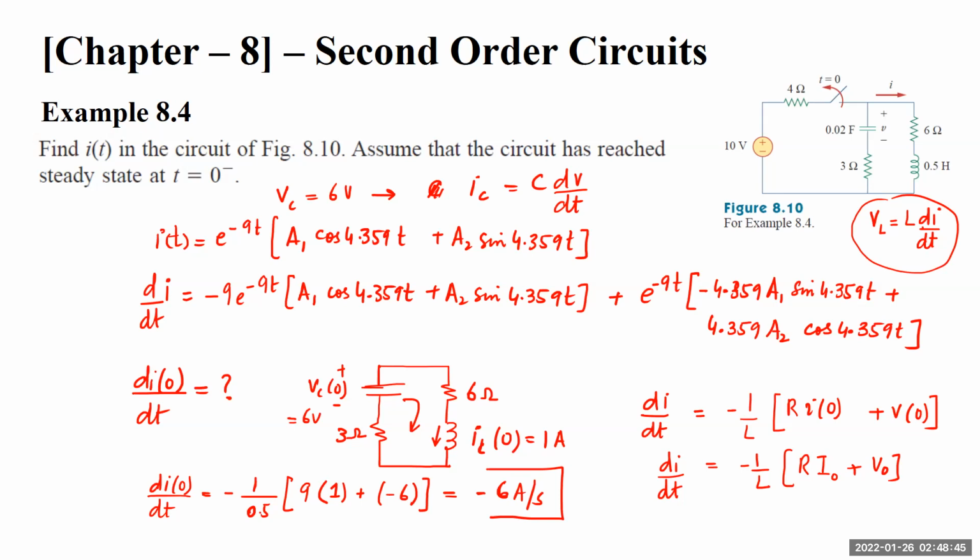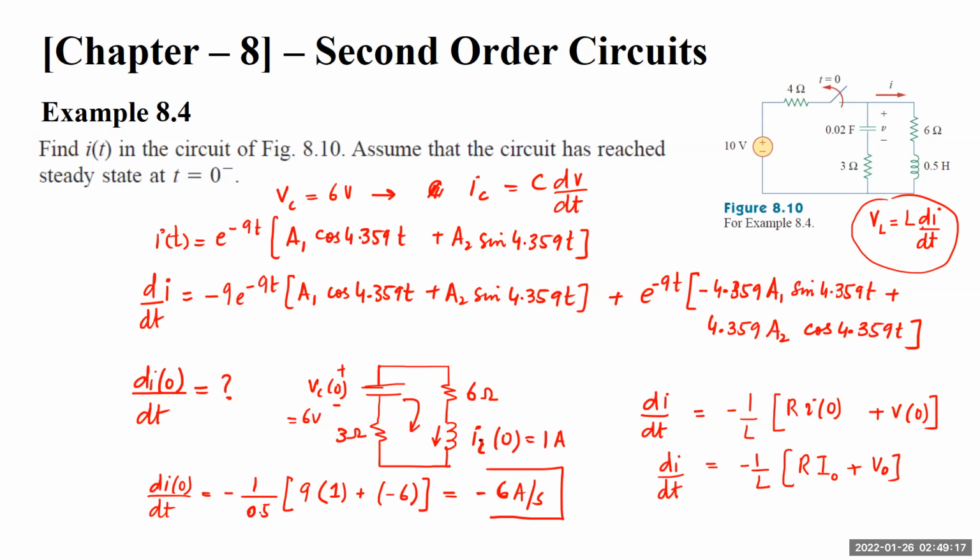You can't simply say, okay, fine, this capacitor voltage will be appearing across this inductor and divide it by 0.5, and you will get 12 amperes per second. You don't have to do something like this. This is not the exact way of finding the rate of change of current, because some students will make this mistake and say the whole capacitor voltage will appear across this inductor.